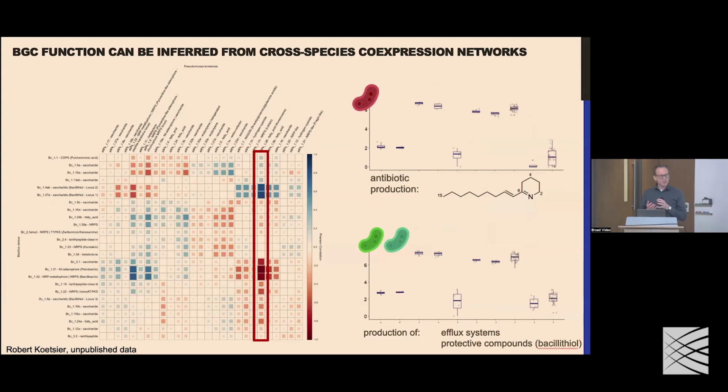Whenever one bacterium in a microbial community expresses all of these defense mechanisms, it's likely that another member of the community is producing some kind of antibiotic. By looking at the cross-species correlations of expression, it should hopefully be possible, and that's the next step we're going to do in more complex communities, to unravel these antagonistic interactions between microbes and the gene clusters that are mediating them.